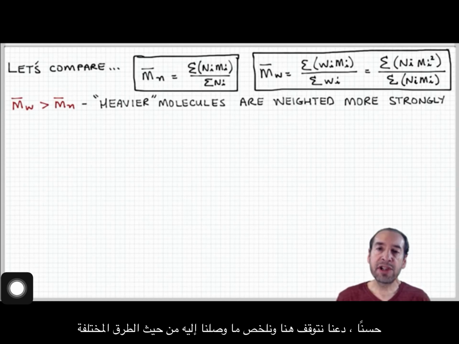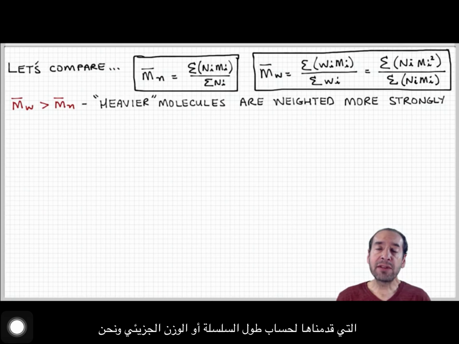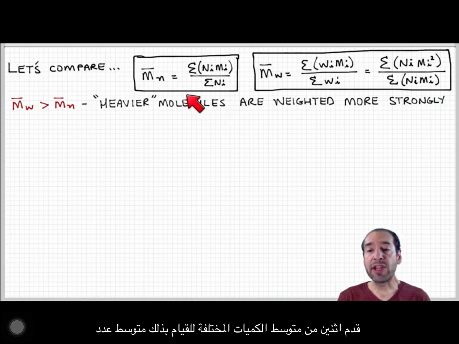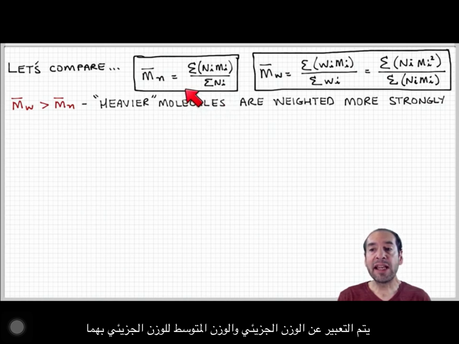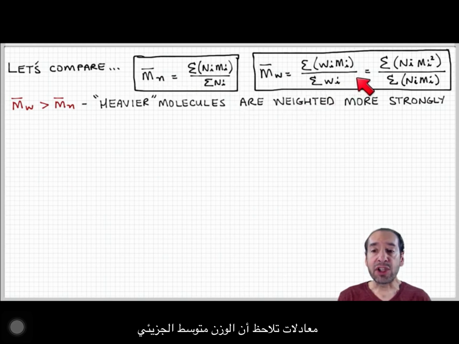Okay, let's pause here and recap where we are in terms of the different methods that we've introduced to calculate chain length or molecular weight. We introduced two different average quantities to do that, a number average molecular weight and a weight average molecular weight, expressed by these equations.